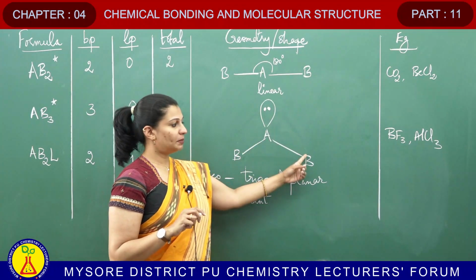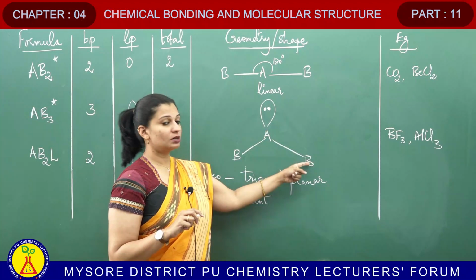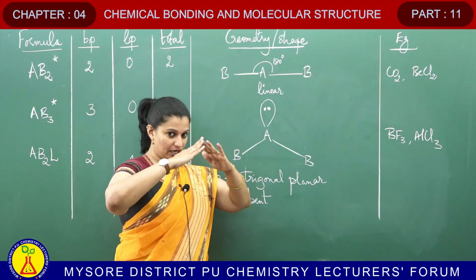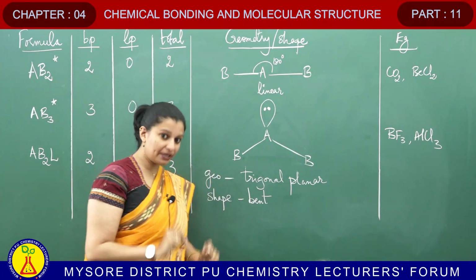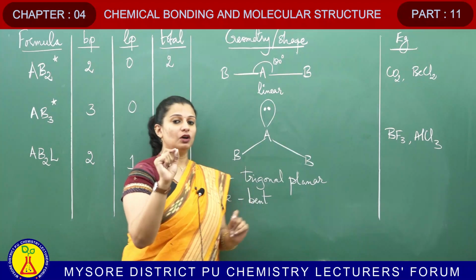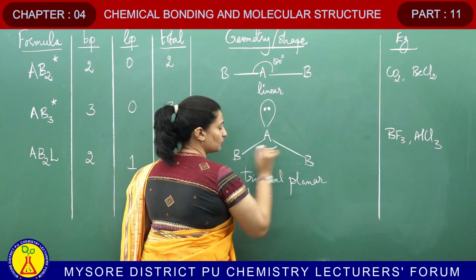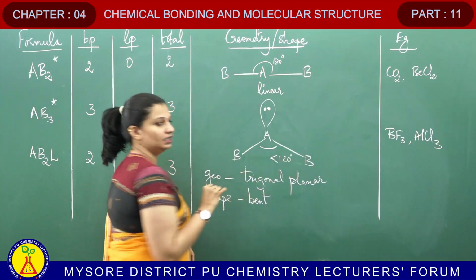Now, there is lone pair bond pair repulsion. Now, which is more dangerous? Lone pair bond pair repulsion is more dangerous. Therefore, the bond pairs which were like this will come a little closer. For what reason? Because compared to lone pair bond pair repulsion, bond pair bond pair repulsion is not so bad. As a result, this bond angle will be less than 120 degrees.